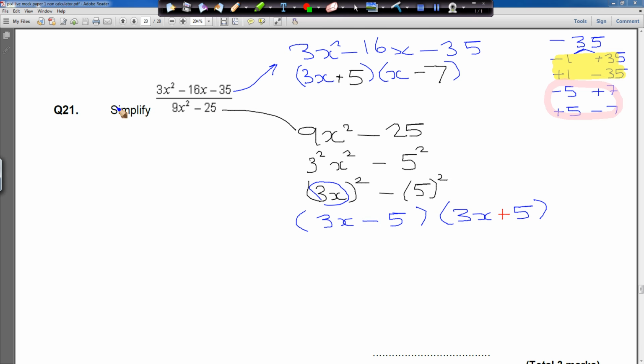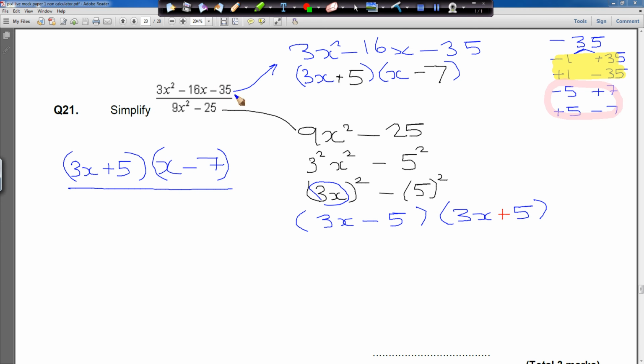Now, let's get back to the original question over here. Now that we have factorized this and this, we can put it all back together again. So this 3x squared part is represented by this line here. So let's copy it down. We have 3x plus 5, x minus 7 on the top.